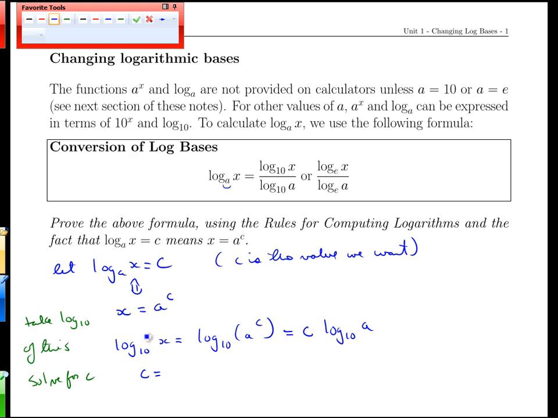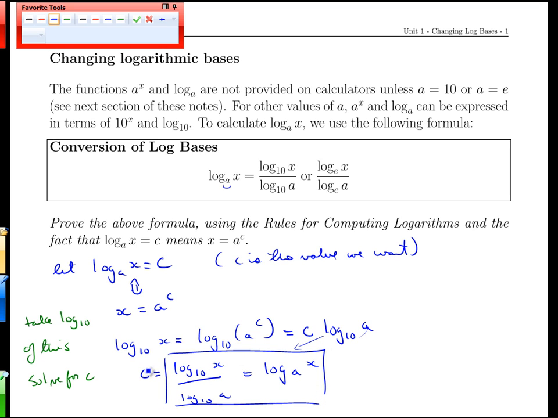So c would be log base 10 of x divided by log base 10 of a. We bring this part here down to the other side. Well, what did c start off with? It was log base a of x. So that's our proof that the value we want, log base some strange number, can be computed as log base 10 of x over log base 10 of a.